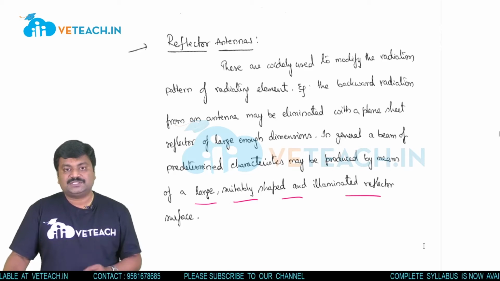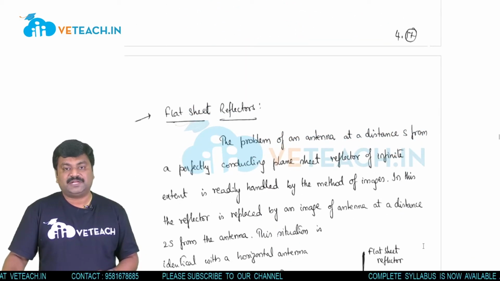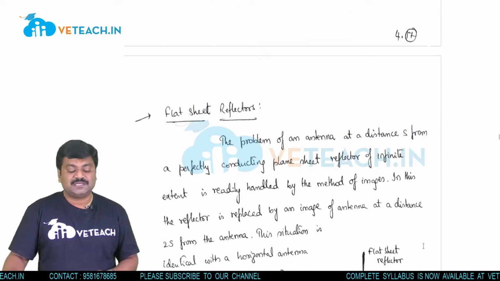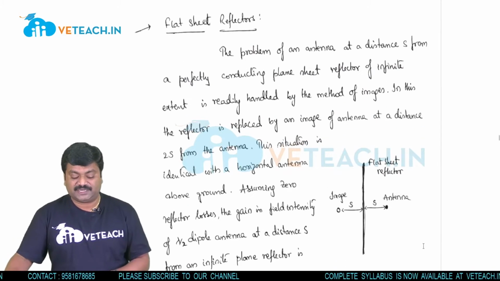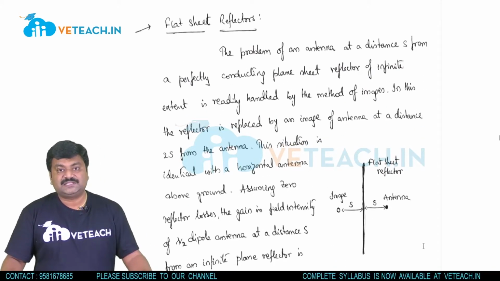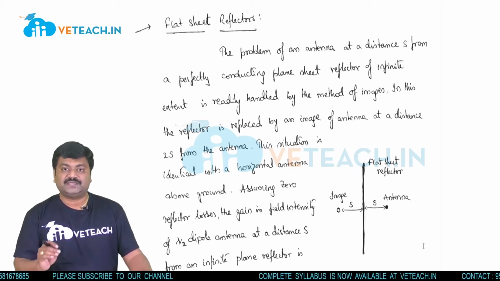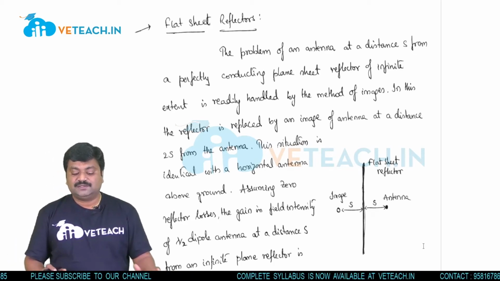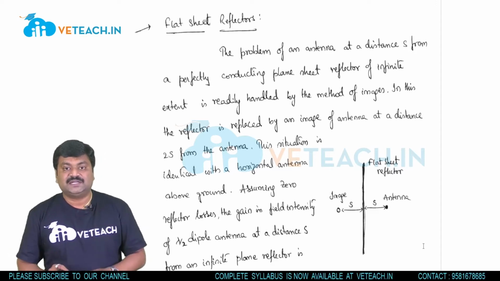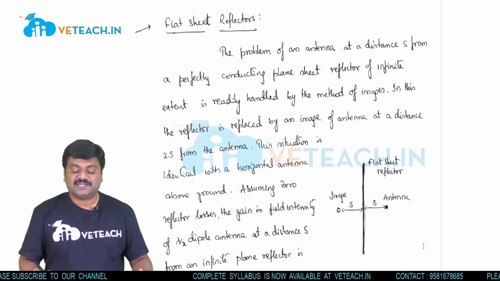Coming to this concept, the first concept that we need to discuss is the flat sheet reflector. Here the flat sheet reflector term itself says that I am using a perfect conducting plane which is placed along the length at a distance s.